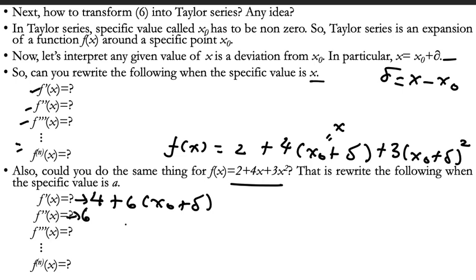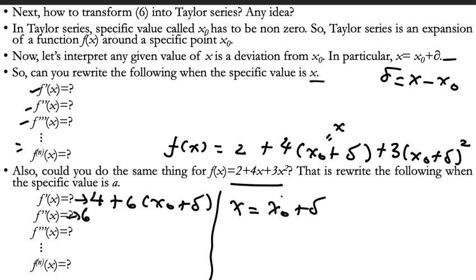Okay, now, can you see now? x is actually x0 plus delta, isn't it? And it is a variable in a function. Which one is the variable?